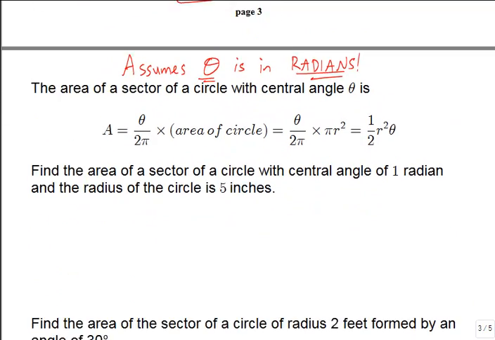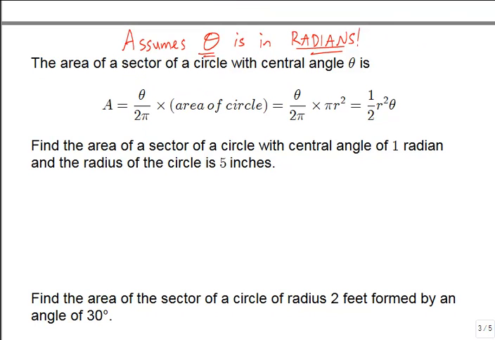Now let's talk about a similar looking formula. This time, instead of talking about arc length created by an arc and a central angle, now we're going to talk about the area of a sector. So we're going to imagine taking our circle here of radius r with this central angle theta, and this time we're going to try and figure out what the area of this sector right here would be.